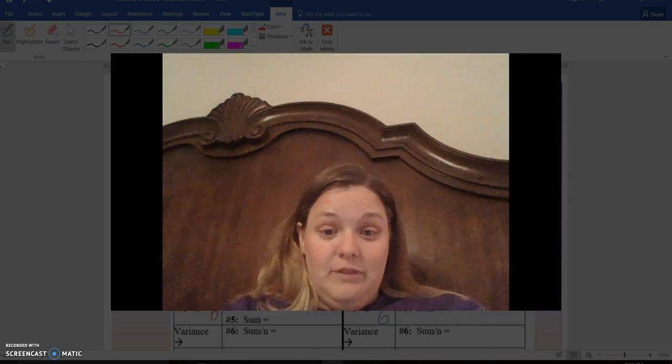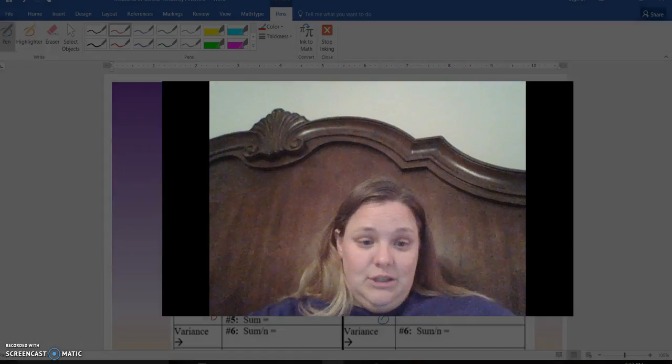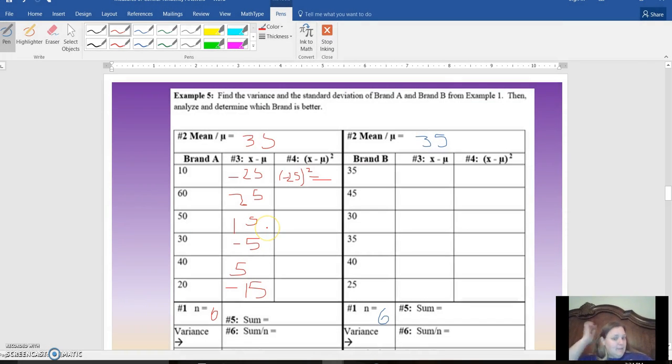It's going to do negative 25 times 25, and that's not what you want. A negative times a negative is a positive. So we get 625. 15 squared, we're going to do 15 times 15, 225. Negative 5 squared is negative 5 times negative 5, which is 25.